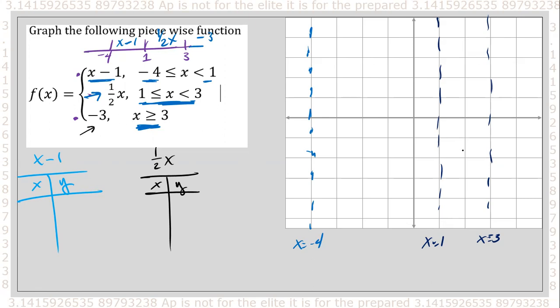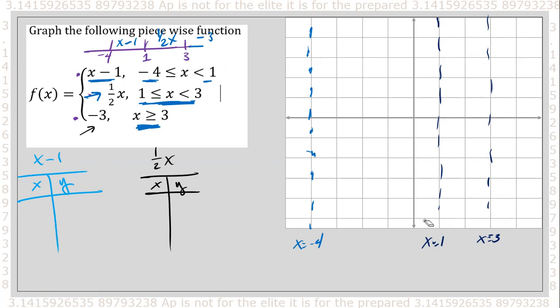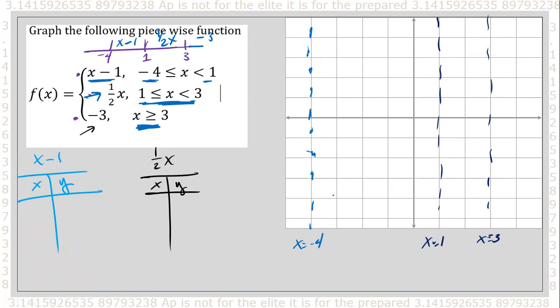So we can actually graph that for any number where x is bigger than 3. So anything in this area right here, anything to the right. Let me go ahead and erase that. We can see that it is going to be -3. So I'm going to draw that in red. It's going to be 3 below the x-axis, something like that, no matter what you pick.